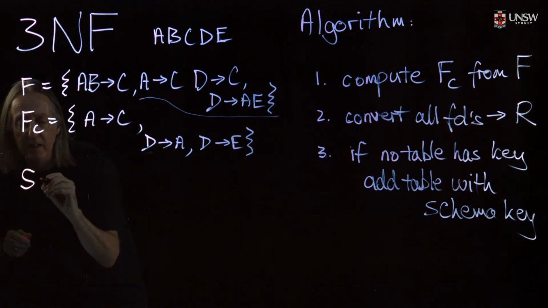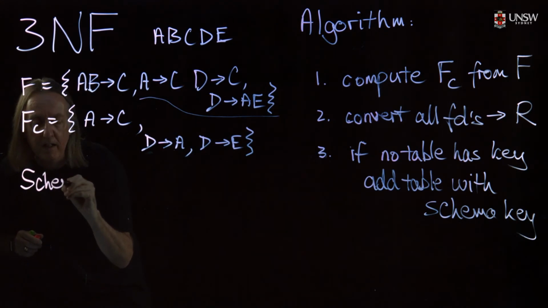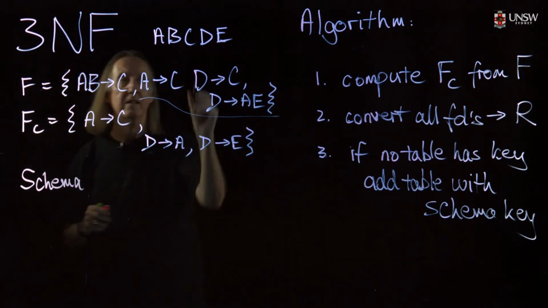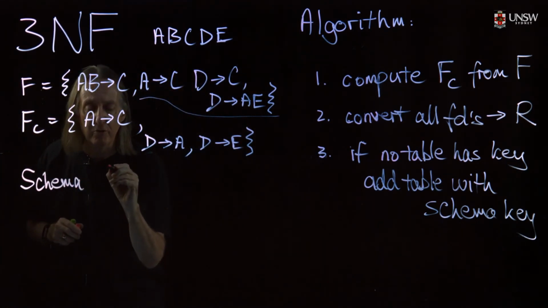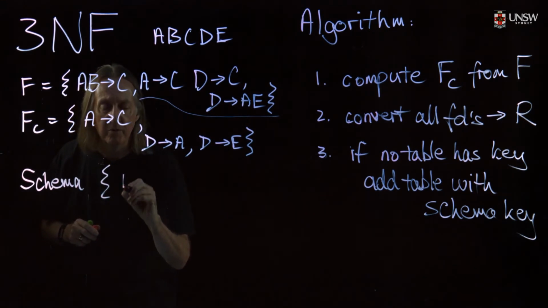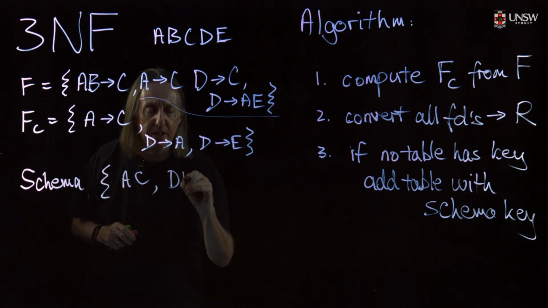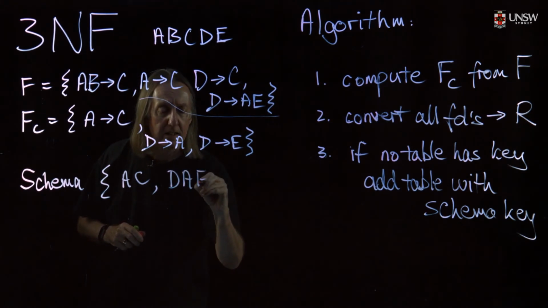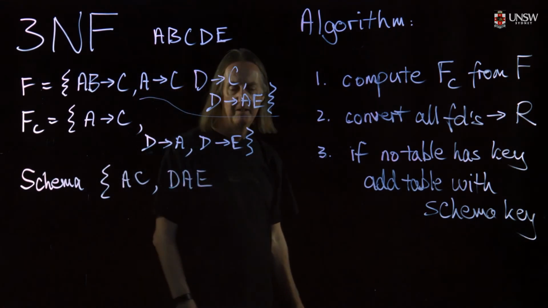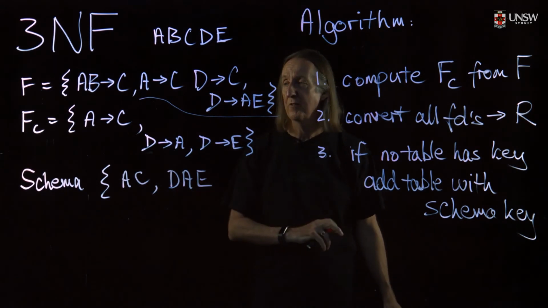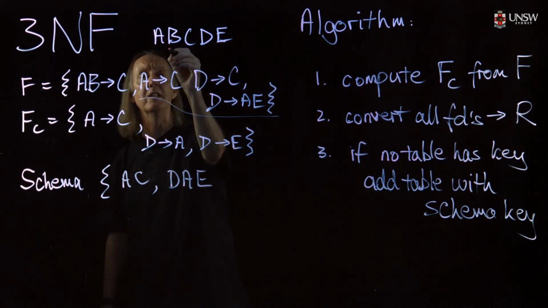So our schema for all of these attributes has a table AC, and it also has a table DAE. And of course I haven't finished it off because there's clearly something missing.